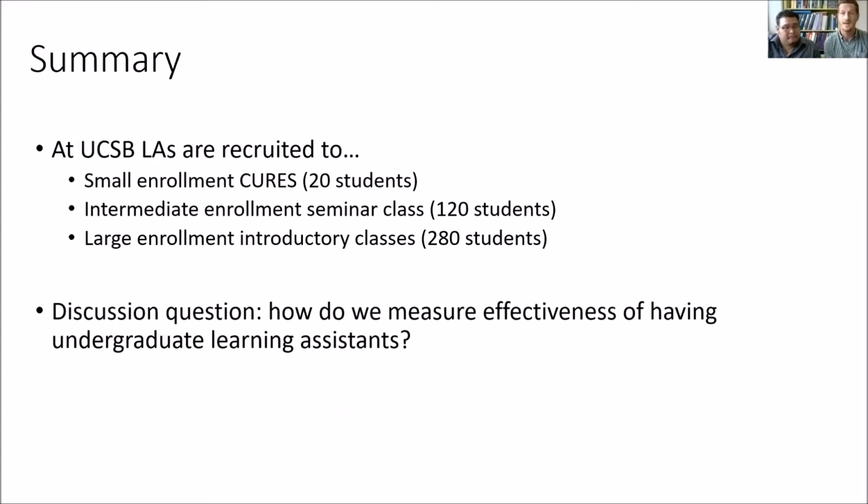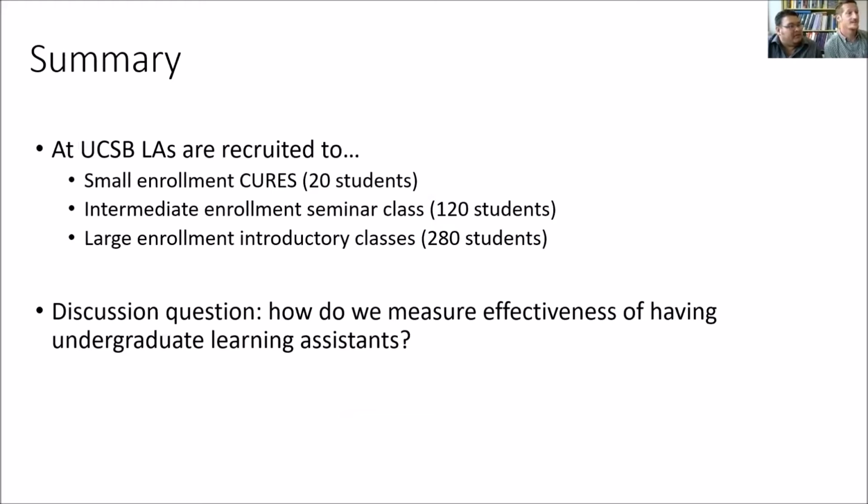And so we have this discussion question: how do we measure the effectiveness of having undergraduate learning assistants? We throw that out to you as well, to see if anyone has any leads. I have some ideas in mind on how to answer that question, but we'd love to hear from you if you have any suggestions or experience.